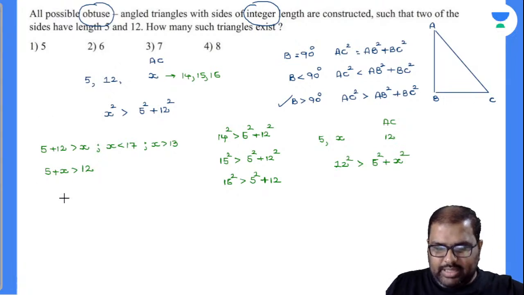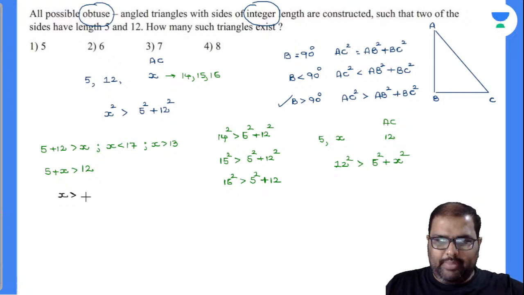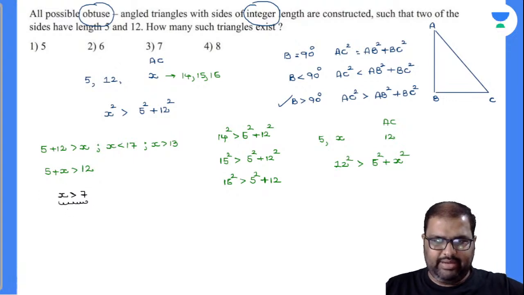Let's come to this point. 5 plus x has to be greater than 12, meaning x has to be greater than how much here? 12 minus 5 is how much? Is it 7? Yes, it is 7. Done. X has to be greater than 7.